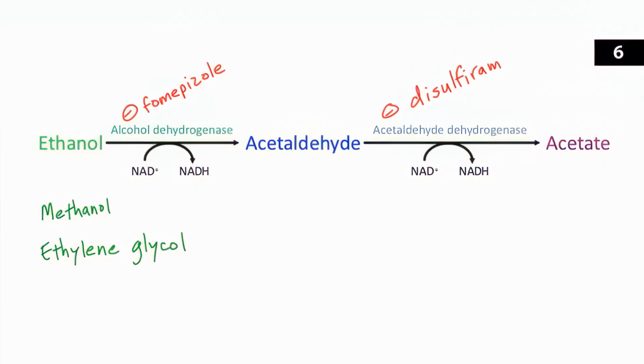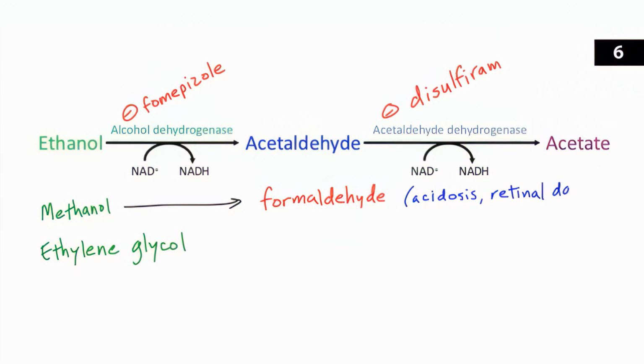Methanol and ethylene glycol are both metabolized by alcohol dehydrogenase. Methanol is a wood alcohol, and occasionally alcoholics might try to get drunk on methanol. But remember, we said that instead of getting metabolized to acetaldehyde, methanol gets metabolized to formaldehyde, which is toxic. It can cause acidosis, it can cause retinal damage and blindness, and even in relatively small doses, like 15 cc's or half a shot. So it is very dangerous.